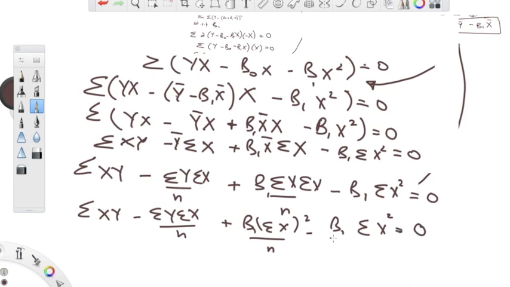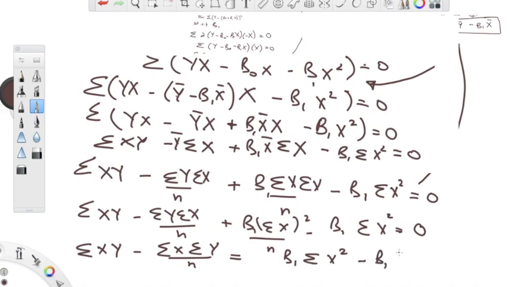square equal to 0. Now we can take the terms with the betas to one side and the rest on the other side. So let's take these on that side, and you end up with sigma xy minus sigma x sigma y over n is equal to beta 1 sigma x square minus beta 1 sigma x the whole square over n.